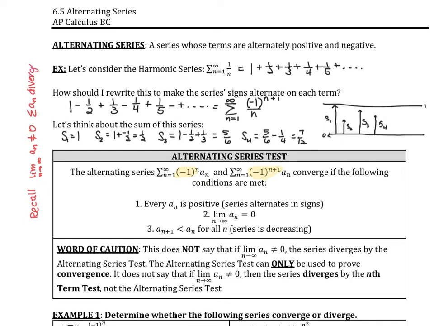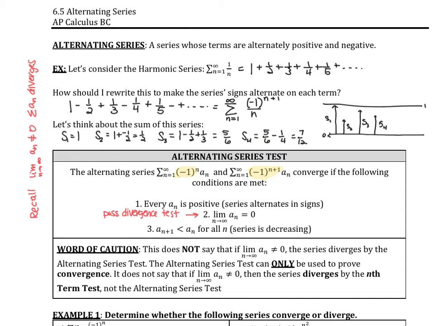We can't use it to prove convergence, but we know if it doesn't equal 0, it diverges. Well, I'm showing that it does equal 0. So really this passes the divergence test. And then what we need to show is that any term and the term after it would be less than. So the series is decreasing.